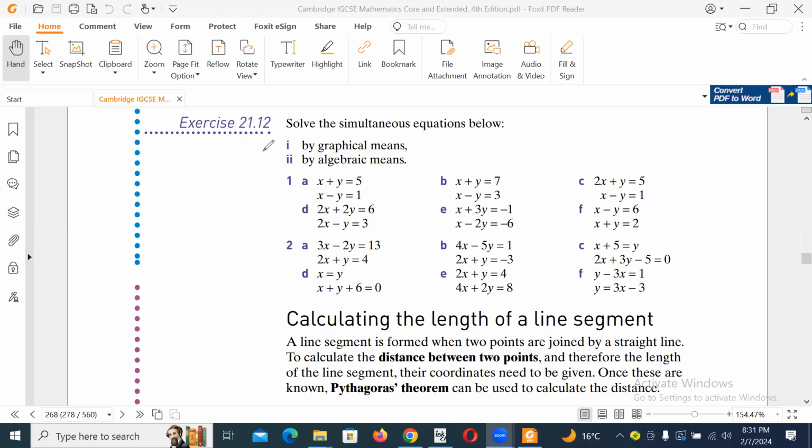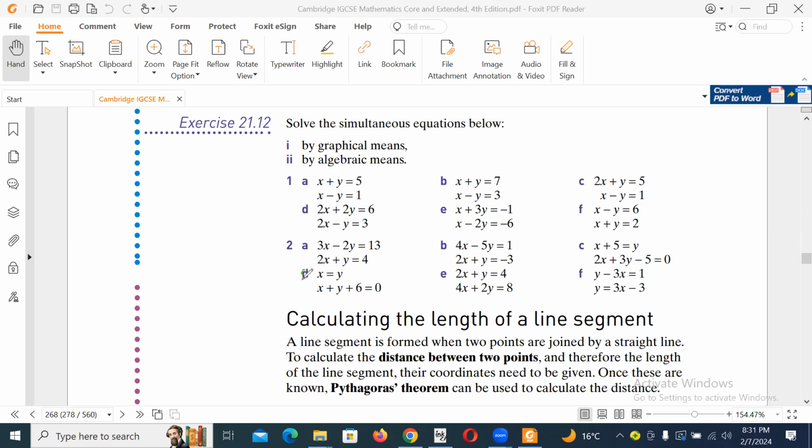Yes, viewers, we know how to solve simultaneous equations by using the substitution concept or the elimination concept, but here in coordinate geometry, we will try to figure it out by using a graphical method also. And we will check the same question by algebraic means also. For example, we try one question from this exercise.